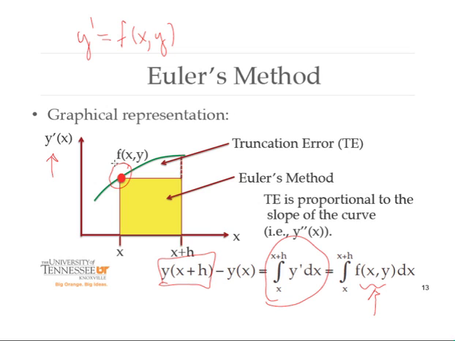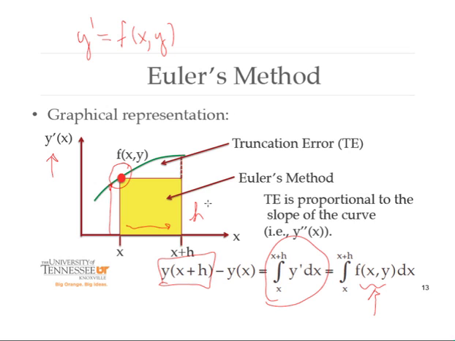In the sense that the yellow shaded region there, whose height is f of x, y, so this height right here is f of x, y, and this length right here is just h, correct? So we would just multiply h times f of x, y, whatever that value is, and we get this box, and use it as an estimate of the area under that green curve from x to x plus h.